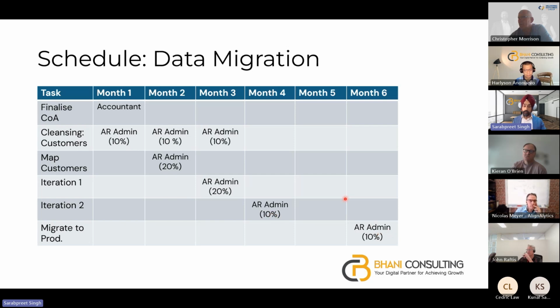So this is a simplified version of a schedule, but the good thing is it tells us that in month 1, I've got someone resourced 10% of time. There are 3 months for cleansing. There is going to be busy month 2 and month 3, month 4 and month 6 or month 5. And this resource is available, which can help others for data migration. If we don't have it, we are running blind.